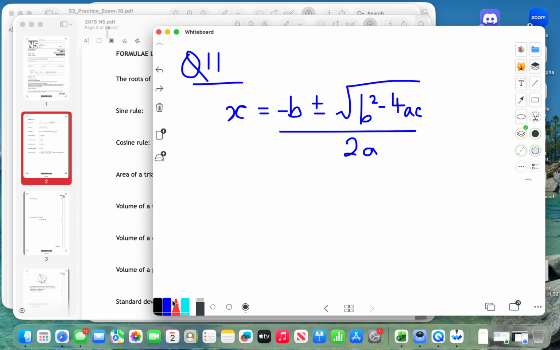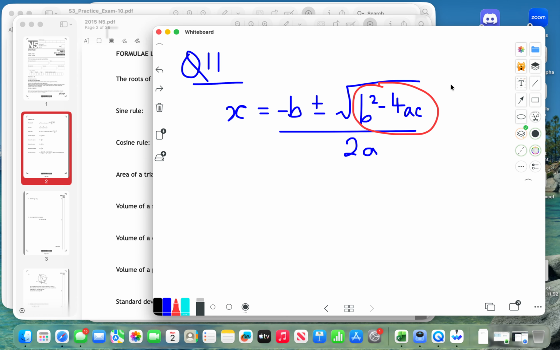Now this tells you a lot more than what you think. At first, when you learn this, many pupils skip by this part. This is important. If b squared minus 4ac is less than 0, then you would have to take the square root of a negative number, and at National 5 this is impossible.